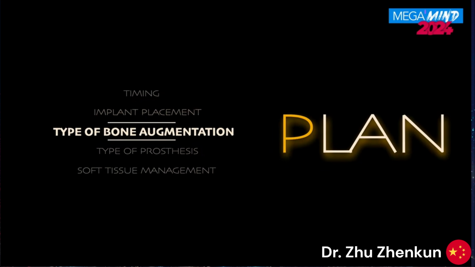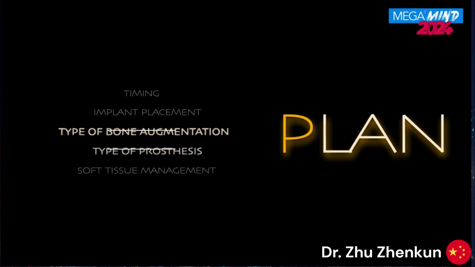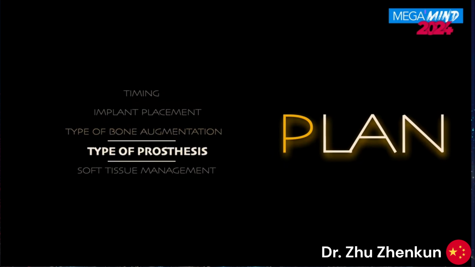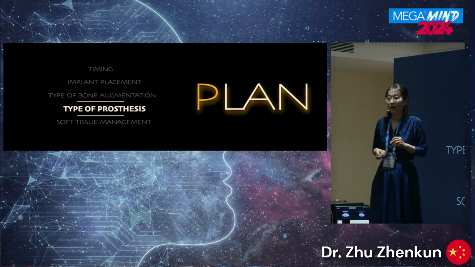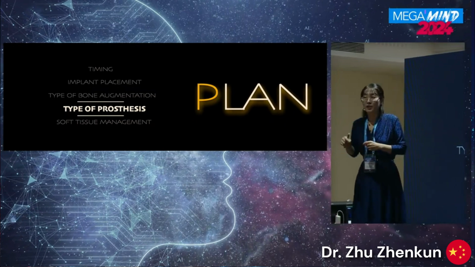Once the tooth has been extracted, the buccal bone starts to resorb, so we need to do bone augmentation at the same time as the dental implant. We also emphasize that an adequate design of the restoration is needed, especially of the transgingival area.